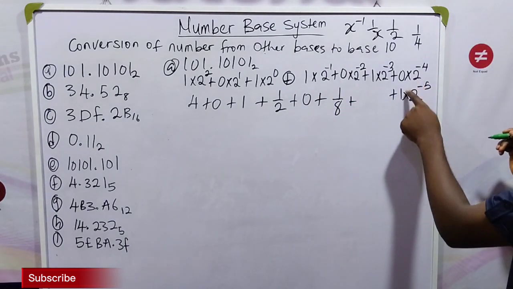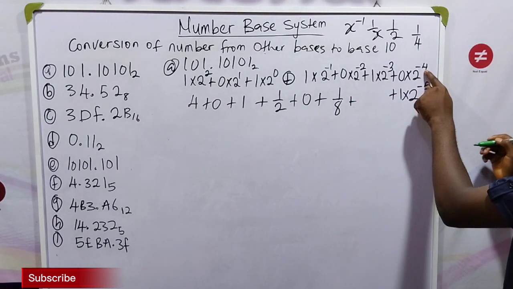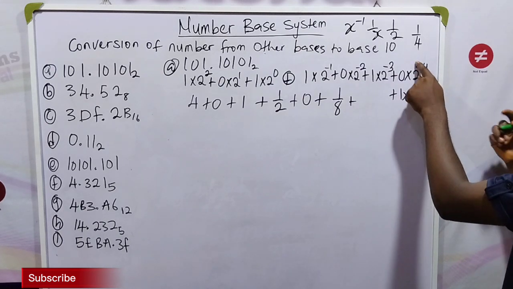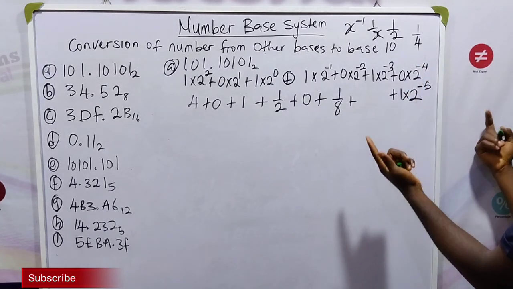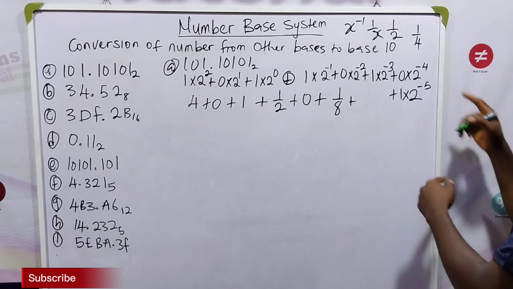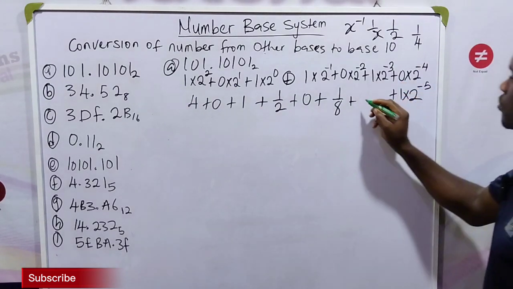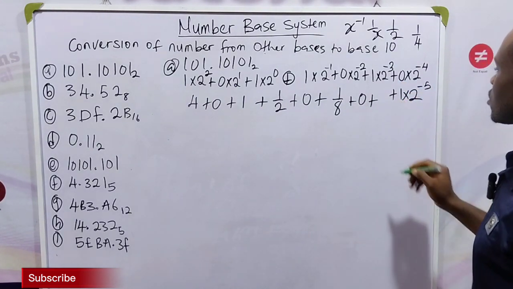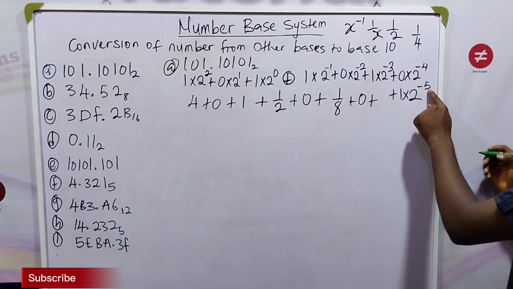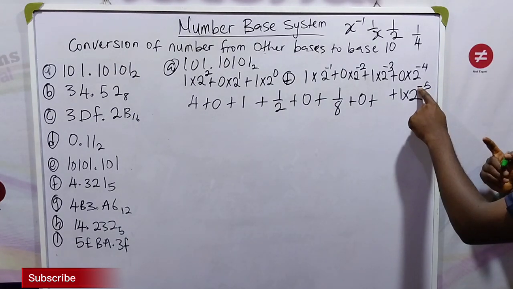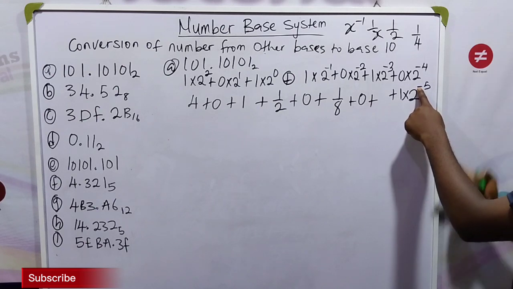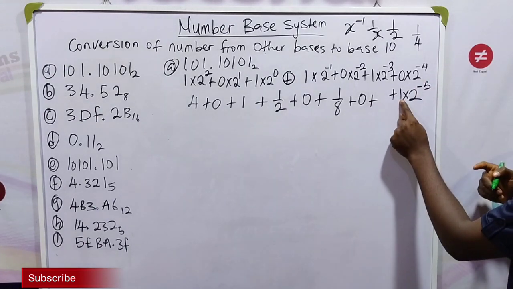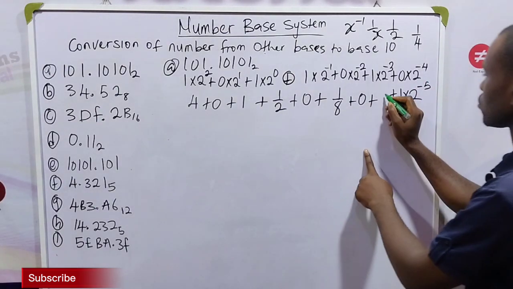Then 2 raised to power 4 is 16. Now because of the negative, we have 1 over 16. Then multiply it against 0, we have 0. Plus 2 raised to power 5 is 32. Because of the negative, we have 1 over 32. Then 1 over 32 times 1, we have 1 over 32.